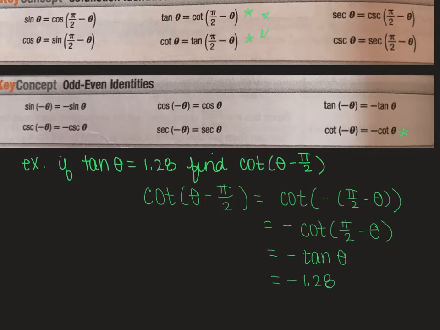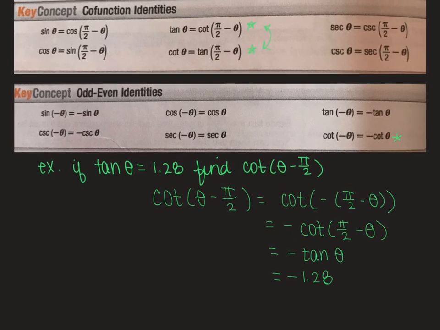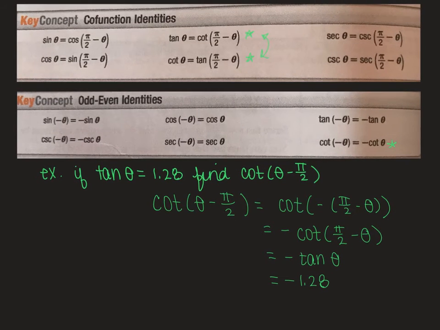So on this next page, we have two different sets of identities. Our first set was about our cofunctions, and our second set was about when they're odd or even. So it's kind of like a combination of all of these. When you're looking at what's given to you, they're giving you cotangent in terms of theta minus pi over 2.